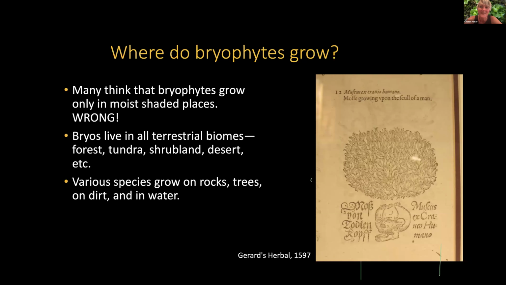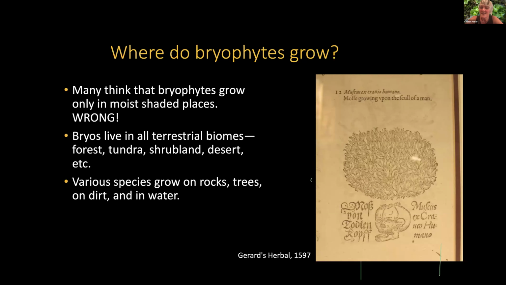But they do occupy all types of terrestrial environments. And it's not just moist, shady places that never dry up, or the north side of trees. They actually do grow in very dry places as well as very wet places. And it's all about that special trait of desiccation tolerance that I mentioned before.